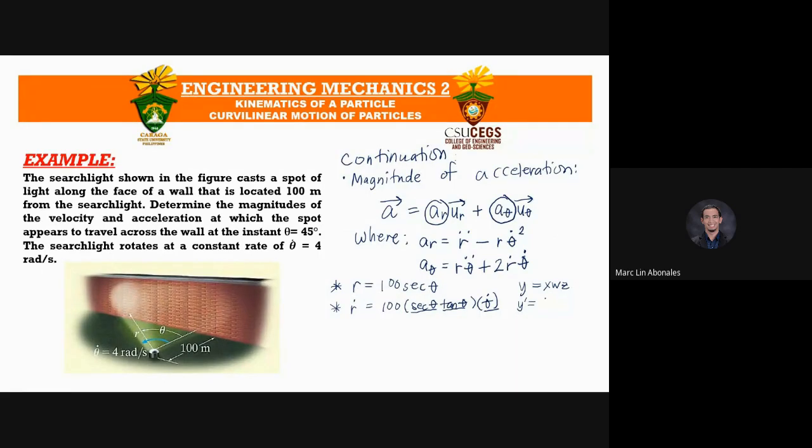So pag differentiate or pag derivative, isa-isaha lang nimo derivative sa each of your variables. So that would be x prime wz. So ang una nako is x, and then multiply lang nimo tong wz.